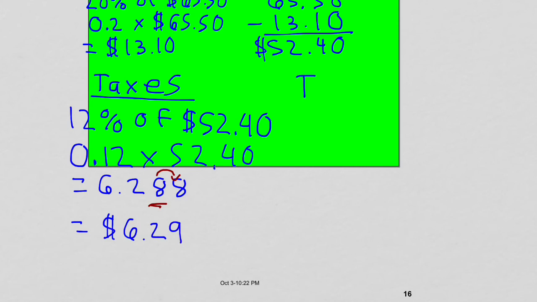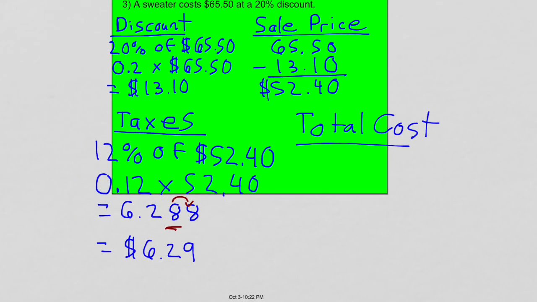Now to get your total cost, you take the price you're going to pay for the sweater, which is the sale price, $52.40, and you add on the taxes.